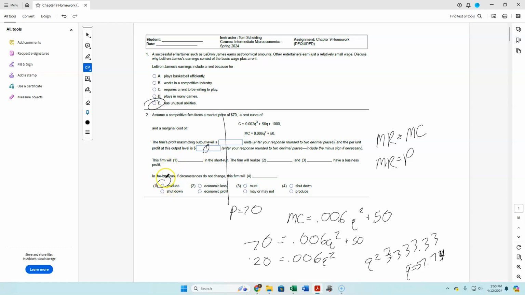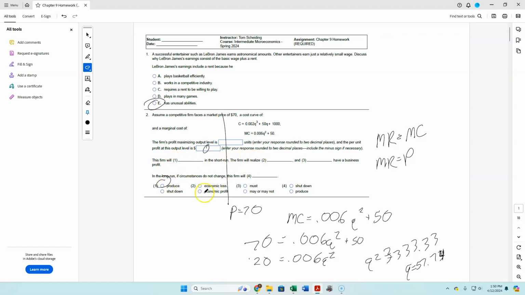What would this firm do? Well, it would continue to produce because it's not losing any money. The firm will produce in the short run.